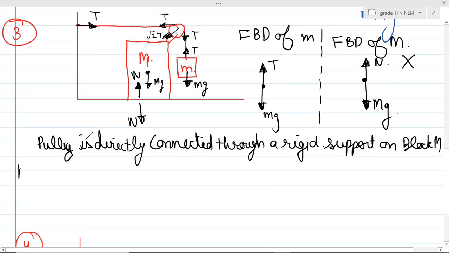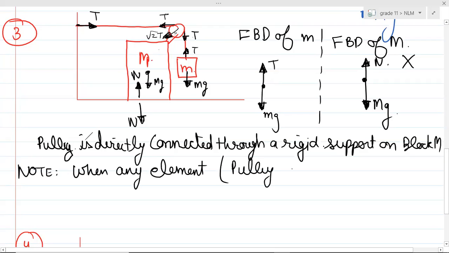So always remember one more note. When any element like a pulley or a small block fixed will do this thing on the given block.